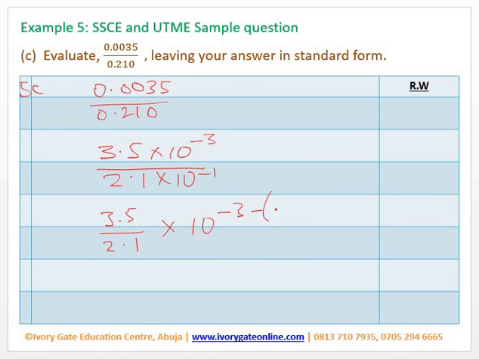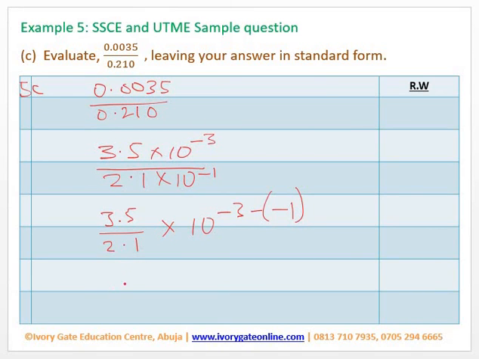The index of the denominator is minus 1, so you have to be careful to present it this way. The rule is that the index of the numerator will subtract that of the denominator, but that of the denominator is already minus. So that's why we say minus, then in brackets, minus 1.